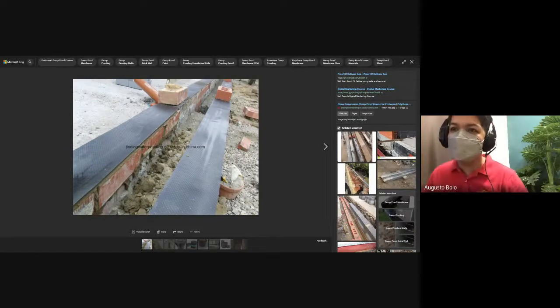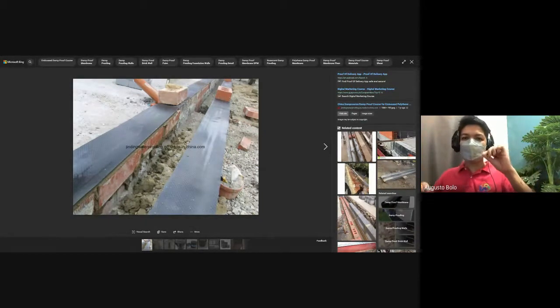On your screen is an example of a DPC, damp proof layer. Isa siyang layer of black sheet na used to protect yung mismong slab mo from any moisture coming from below. So kasi we all know na itinatayo ang isang structure with an incorporation of an outside element like moisture.